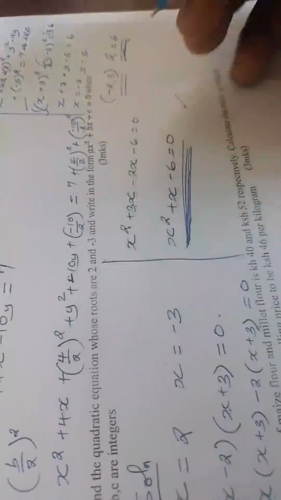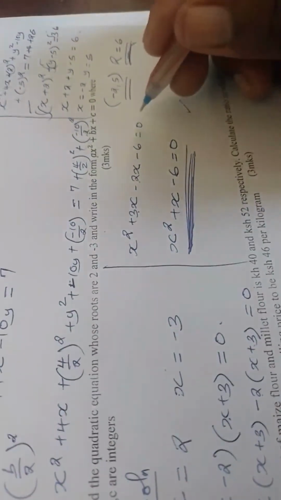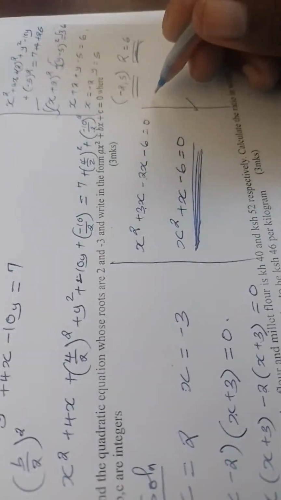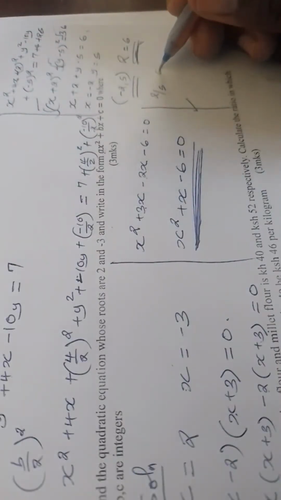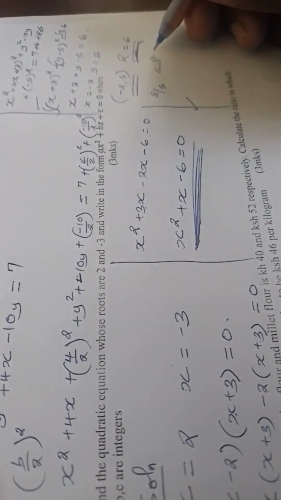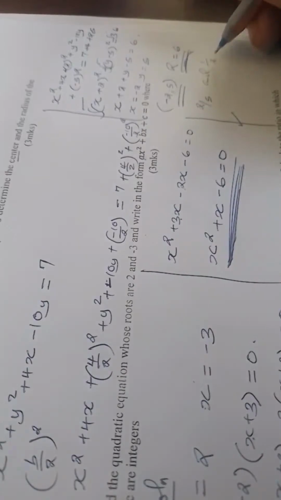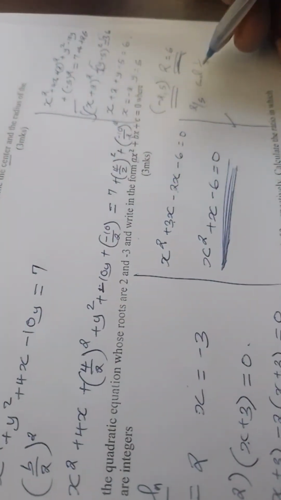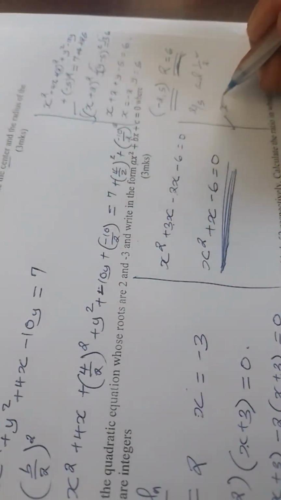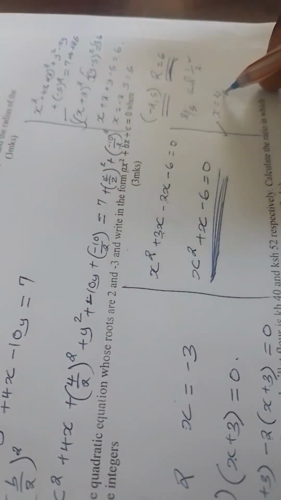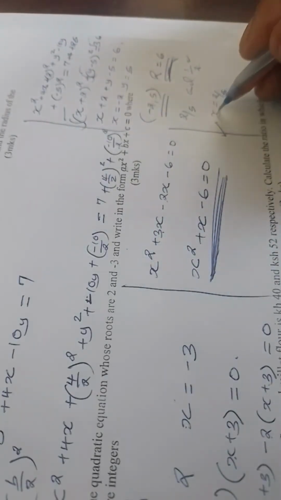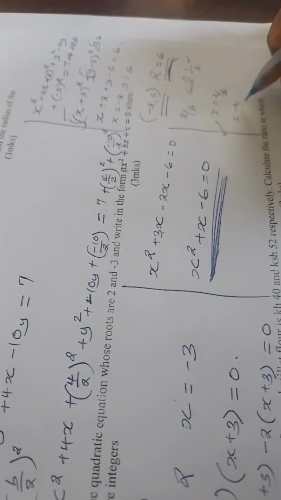Sometimes they can tell you the roots are, for example, let us say the roots are 2 over 5 and 1 over 2. If you are given something like this, we can say x is equal to 2 over 5. We can take this one to this side, it will be x minus 2 over 5.